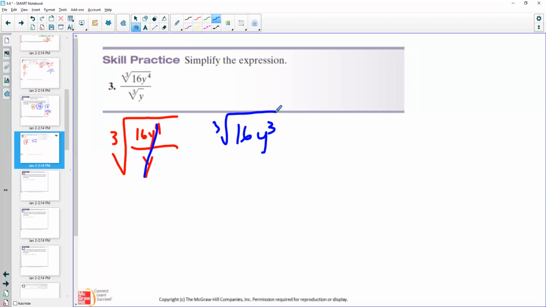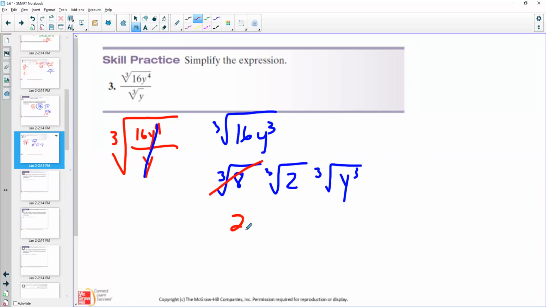So 16 I can break up into 8 and 2, cube root of 8, cube root of 2. And the cube root of y to the 3rd is just going to end up being y. So let's see, cube root of 8 is 2. Cube root of y to the 3rd is y. And then I have a cube root of 2 left over. Finito.